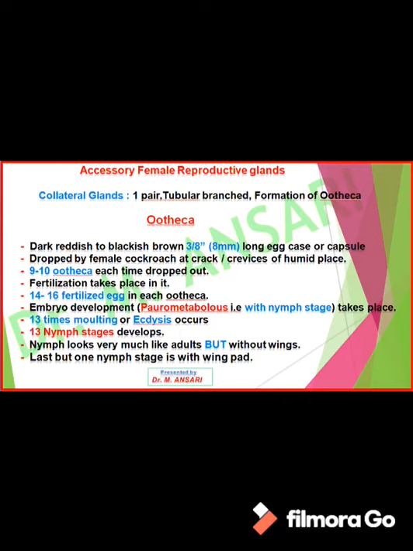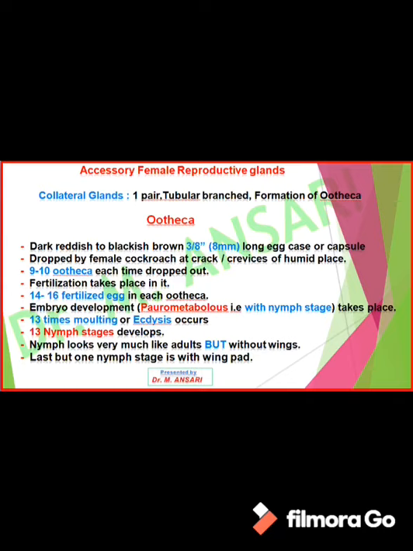Fertilization takes place in it, and about 14 to 16 fertilized eggs are present in each ootheca. The embryonic development takes place in the ootheca and is of the paurometabolous type, which means it includes a nymph stage.